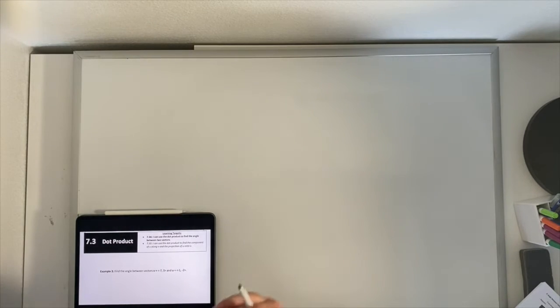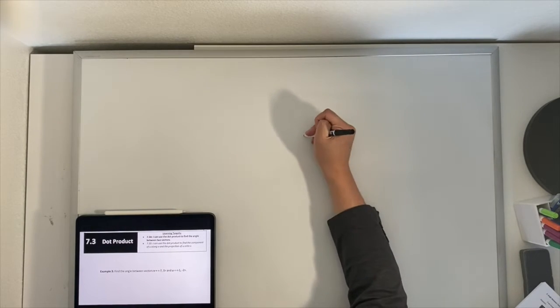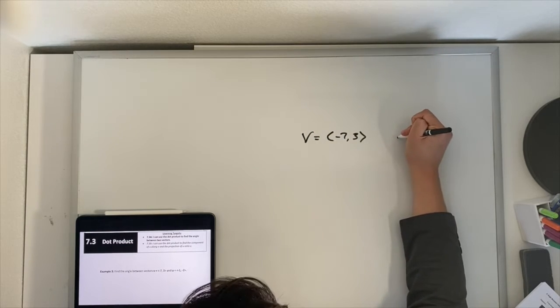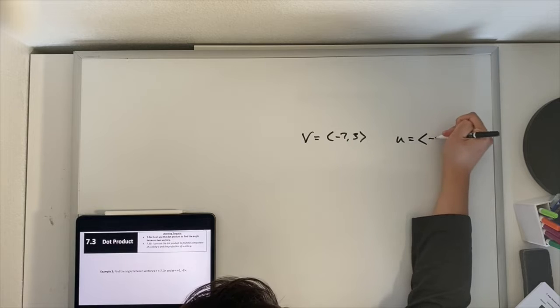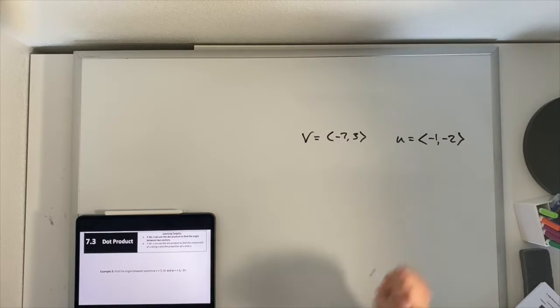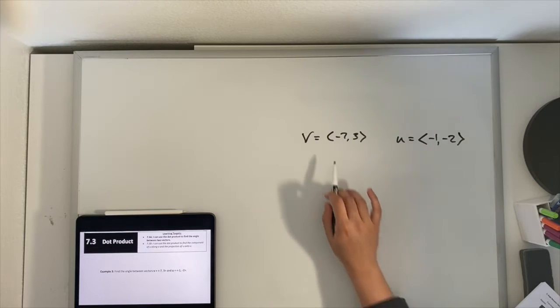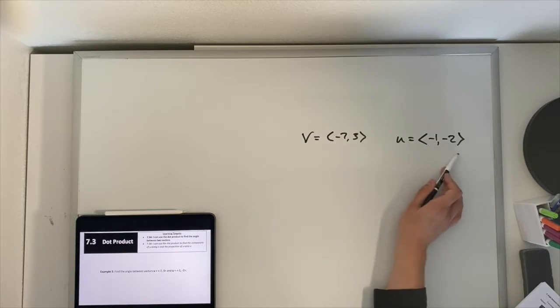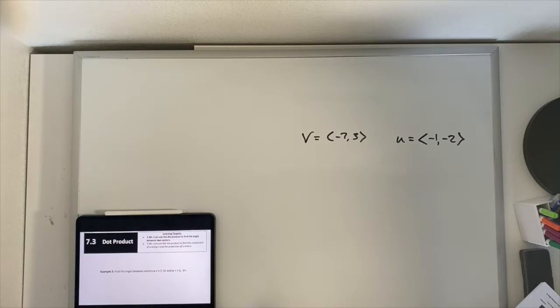Find the angle between vectors v and u. So vector v equals this, vector u equals this. Okay, one thing I'm noticing on your exit tickets, please be very careful. If we're talking about vectors, we must use the angled brackets. Parentheses, that's a point, it's a coordinate.